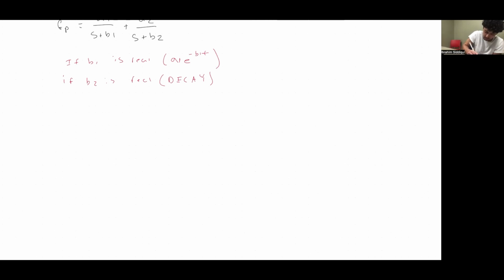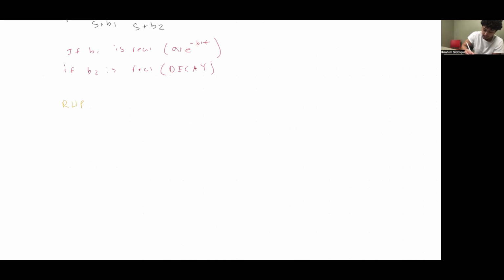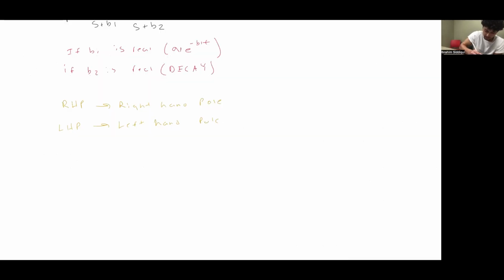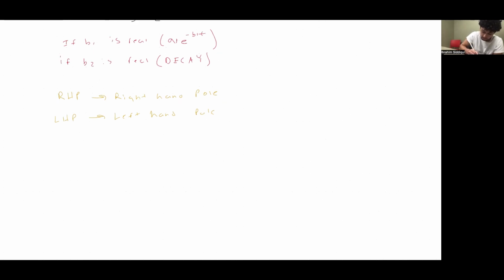We can also say that RHP, which was defined in our problem statement, is our right-hand pole, and our left-hand is, of course, just our left-hand pole. So coming back to this, essentially what we want is for our poles to be negative. So more or less, that's key in this.